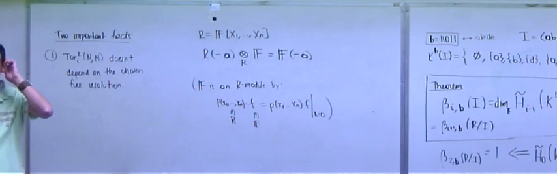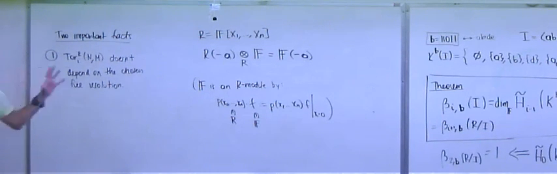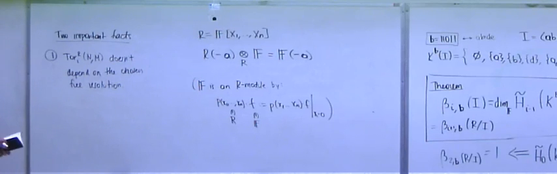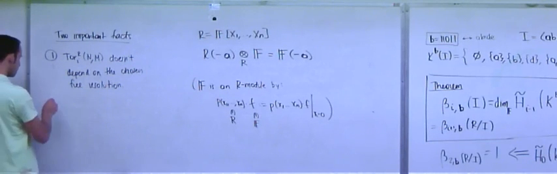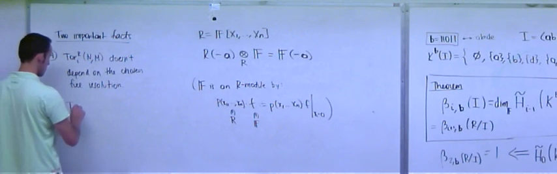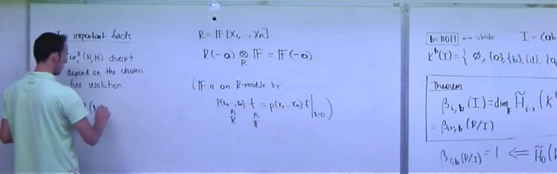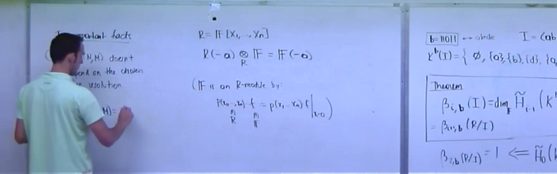I think that makes this definition more interesting and more worthwhile to study if it's really independent of your resolution. So that's the first fact. And then the other fact is that the Tor of N and M is equal to the Tor of M and N.